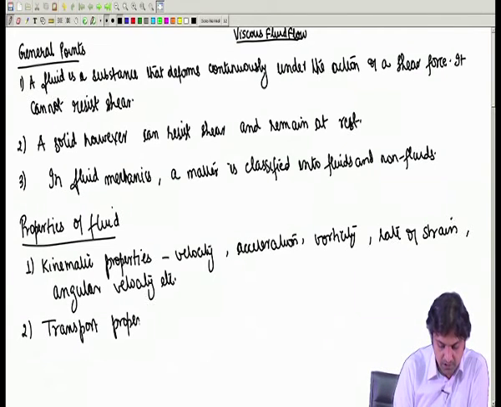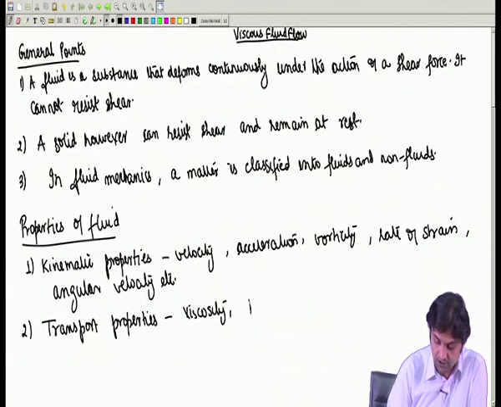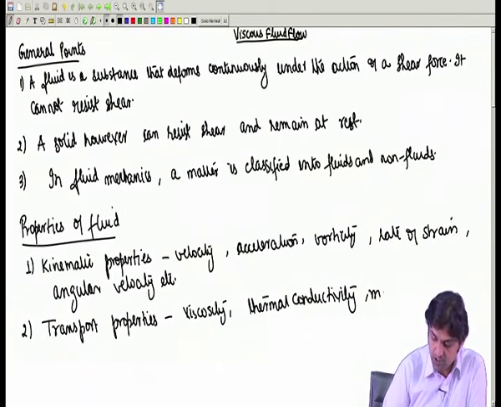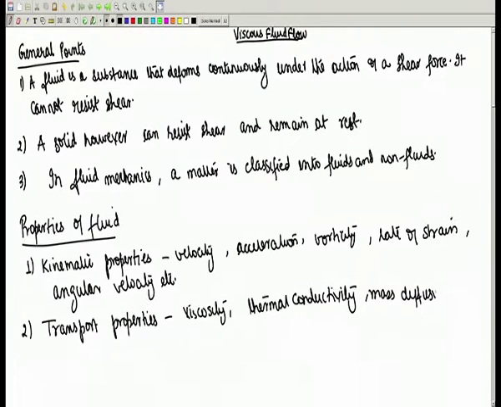Transport properties are viscosity, thermal conductivity, mass diffusivity.